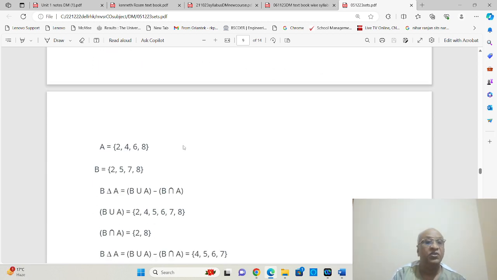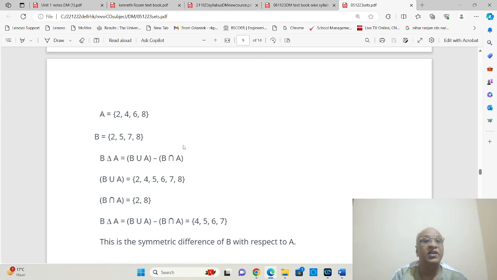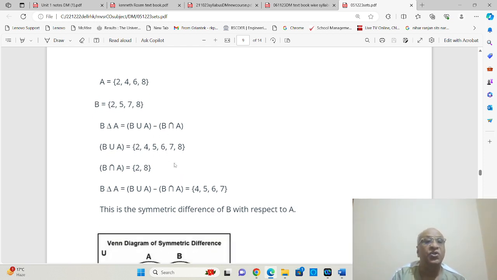Okay. So how do I derive it? Let us say A is a set, B is a set, and this is the relationship which holds: symmetric difference of B and A, so B union A minus B intersection A. If you take B union A, it will be 2, 4, 5, 6, 7, 8. B intersection A will be 2 and 8.